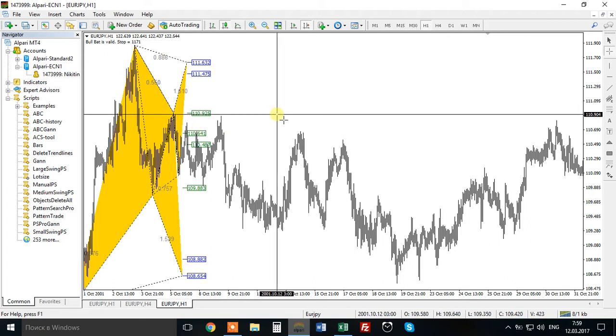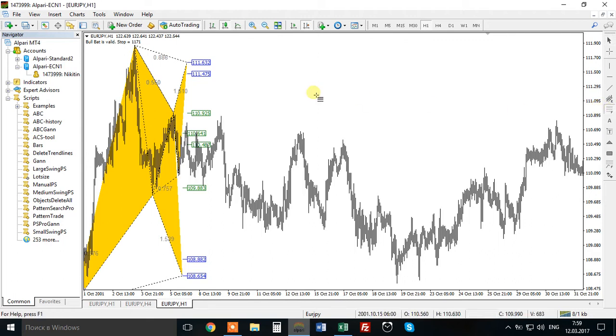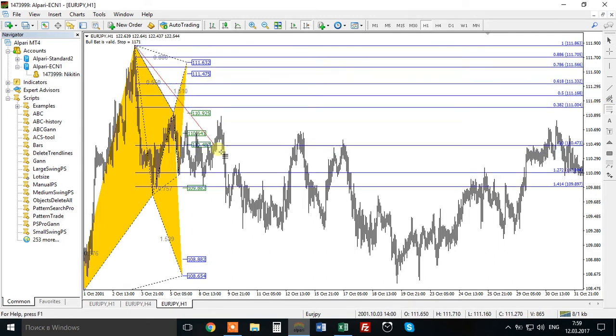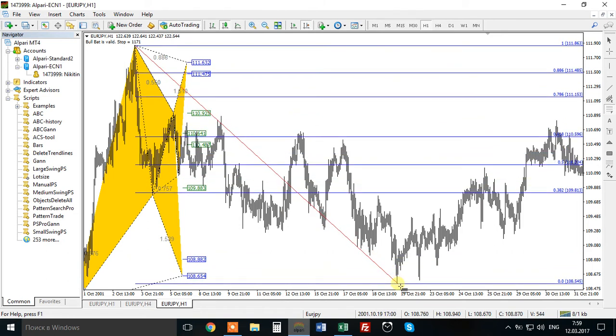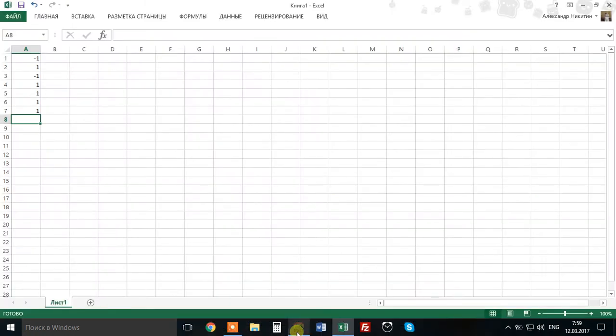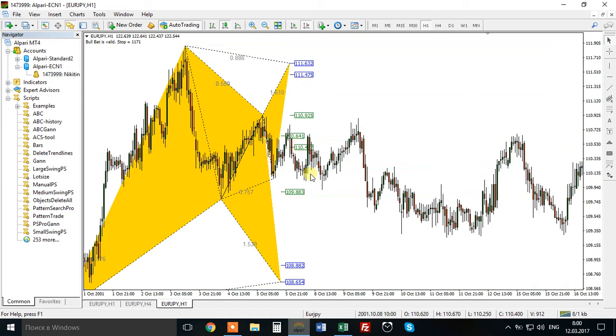Okay, the rule says the C point should not be violated to the upside. We didn't violate that. Then it says that we should hit 90% and go to the target. No, we didn't hit that. Or we should hit the entry and go to the target, and it was exactly what happened. Another winner, and pretty large winner.